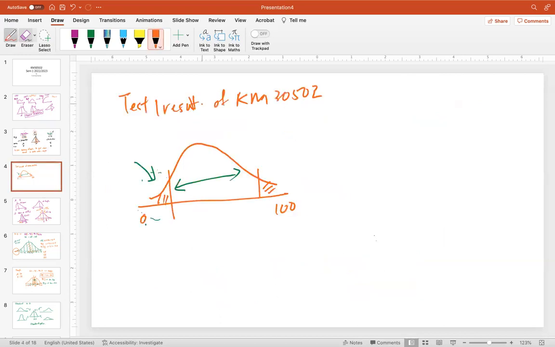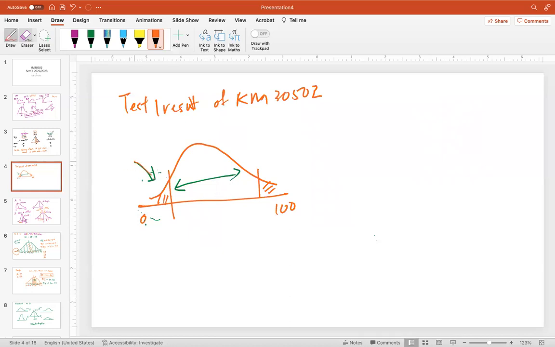For example, we want to look at the test result for this subject. It is common to use a normal distribution curve, or bell curve, to show the performance of the test results. For example, our marks are from 0 to 10.